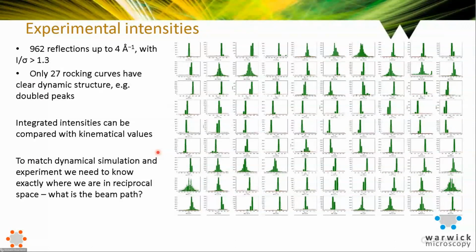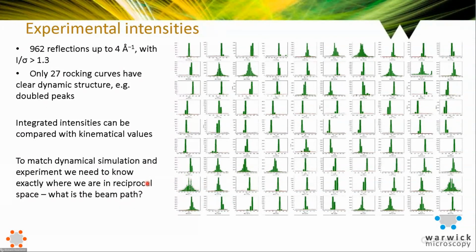And if you just look at each one as a rocking curve, where each green bar is the intensity that we got out of PETS, most of them just look like simple peaks. So most of them you might think are kinematical. Out of those 1,000 patterns, only 27 actually showed something that has some structure that is definitely dynamical.